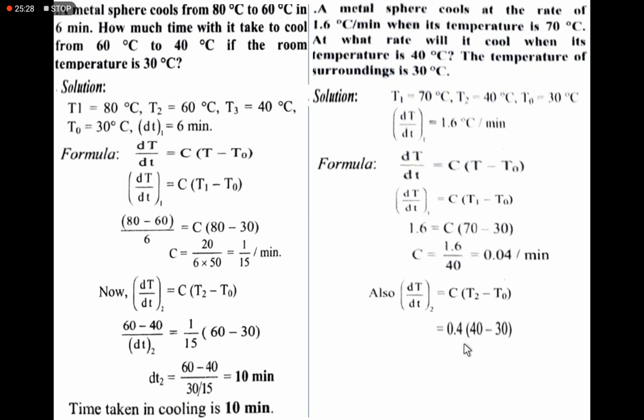So we'll write here, printing mistake, it should be 0.04 into 10. 0.04 into 10: the decimal point is shifted one digit left and it becomes 0.4. So the rate of cooling the second time, when the temperature of the body reaches 40 degrees Celsius, will be 0.4 degrees Celsius per minute.